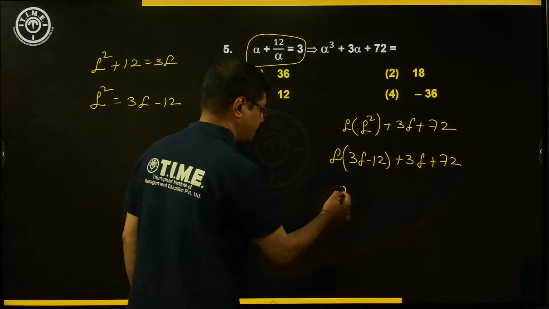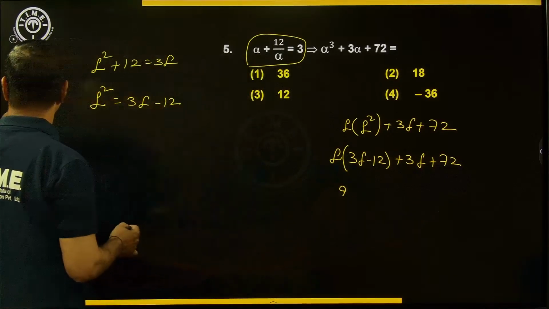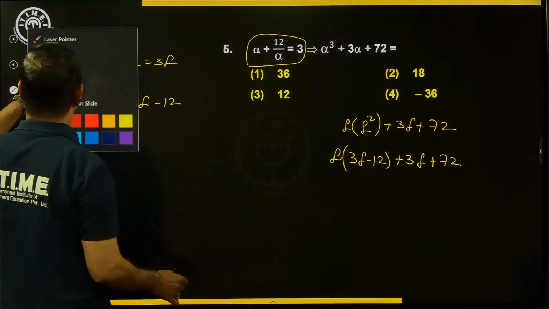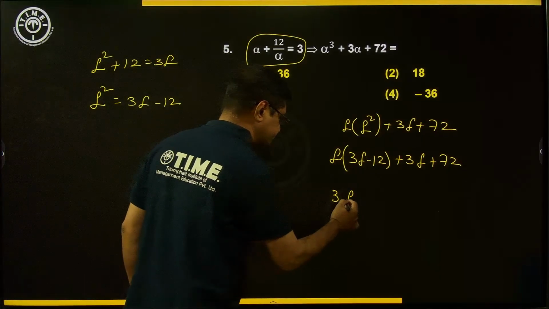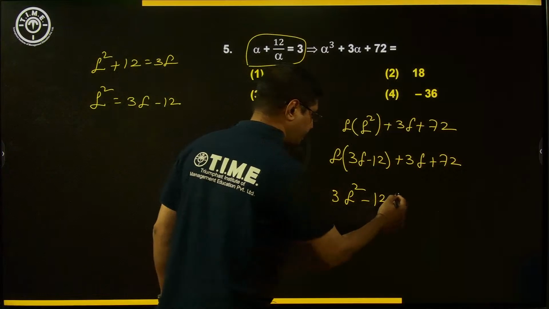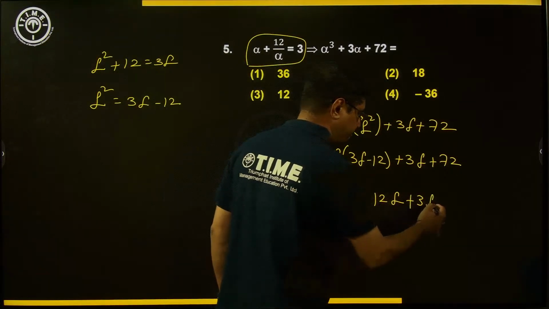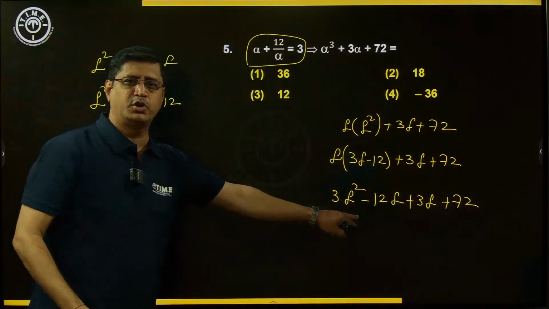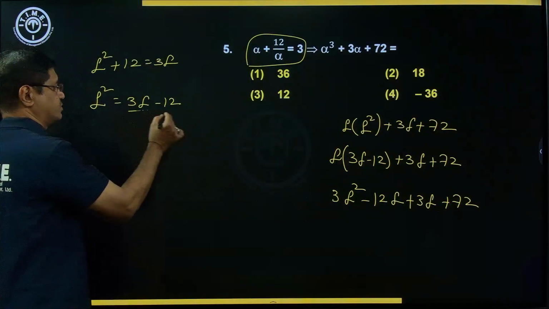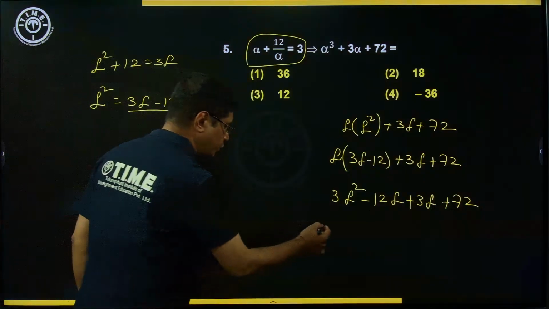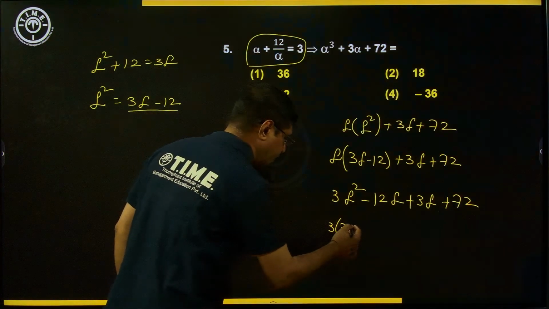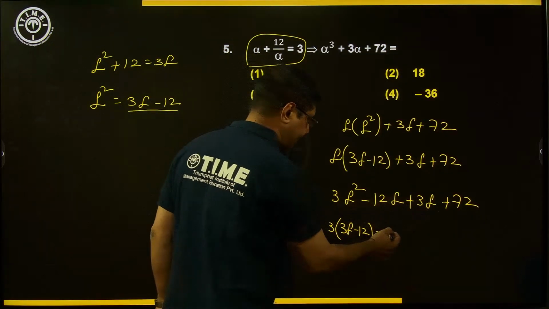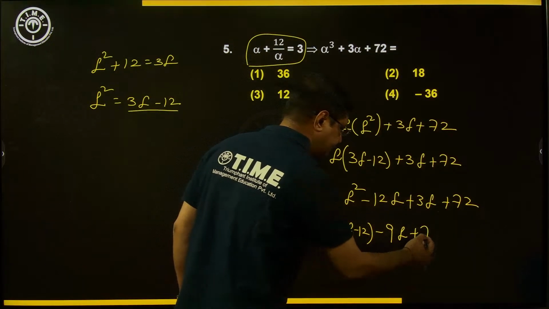Now solving this here, 3 alpha into alpha, that is 3 alpha square, minus 12 alpha plus 3 alpha plus 72. My dear students, again in the position of alpha square, substitute this 3 alpha minus 12. So what you will get? 3 times of 3 alpha minus 12, minus 12 alpha plus 3 alpha, that is a minus 9 alpha plus 72.